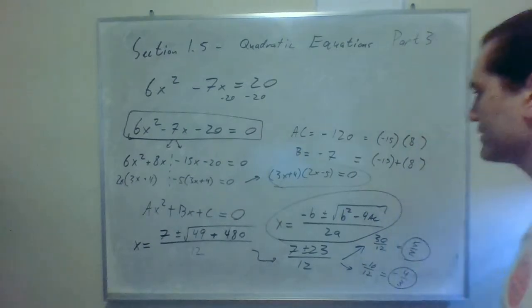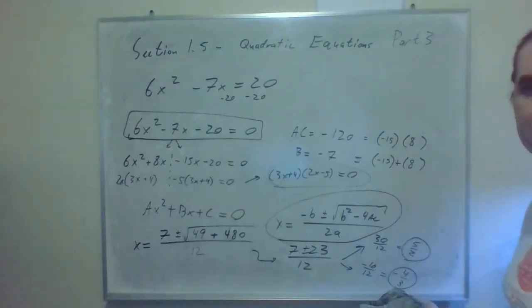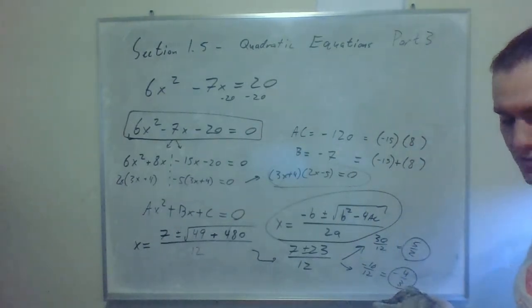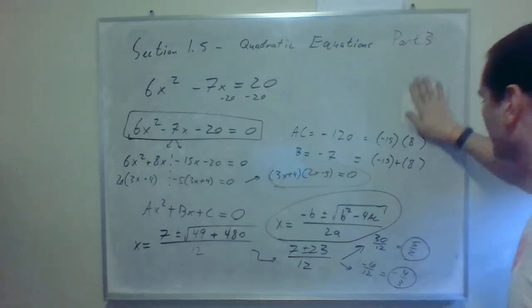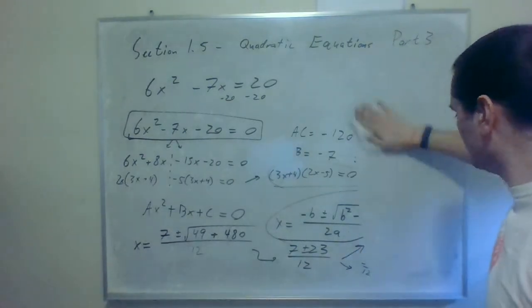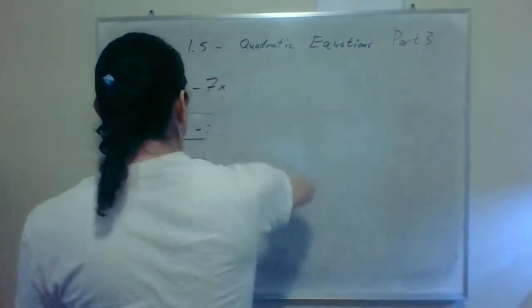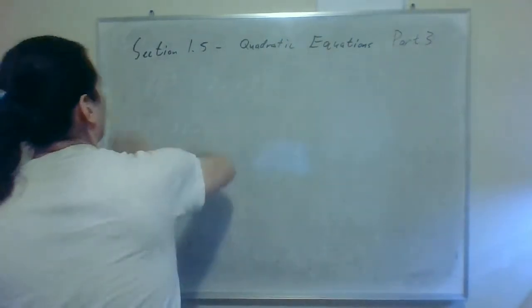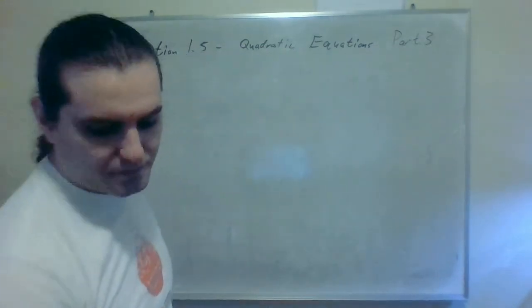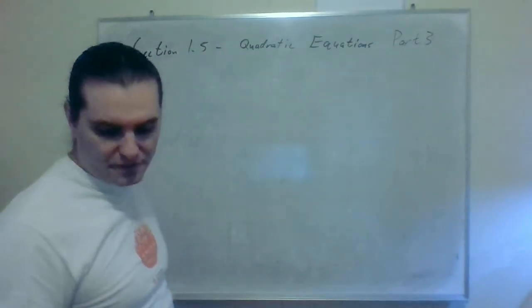I want to do one more example because it's an example that you could use any of these techniques on. So one more equation, I'm going to do it 3 different ways. And we'll see how we feel about the different techniques.